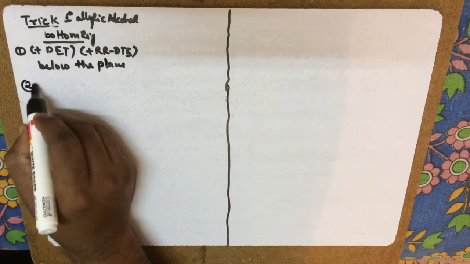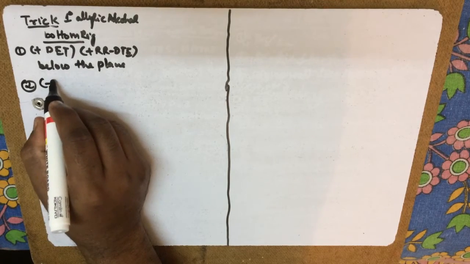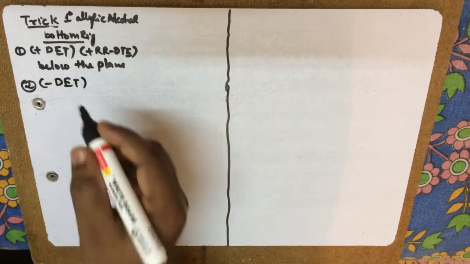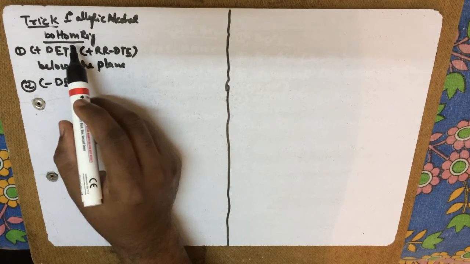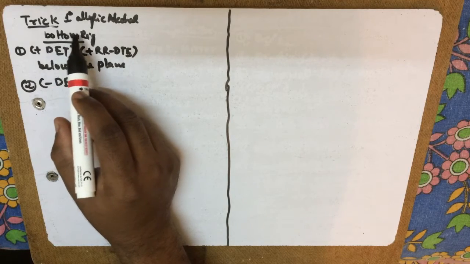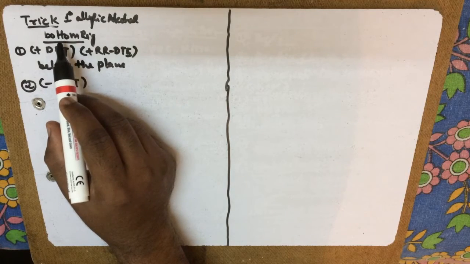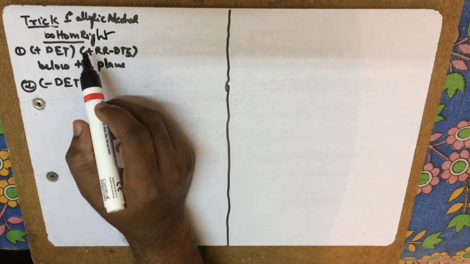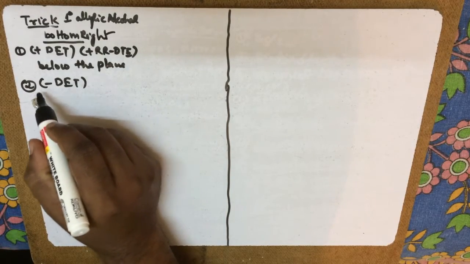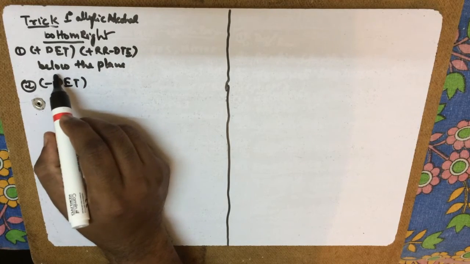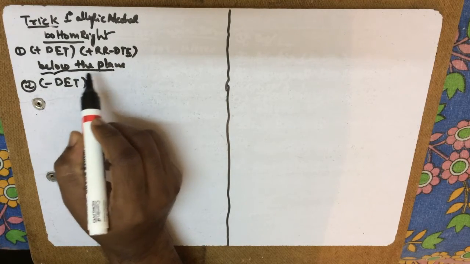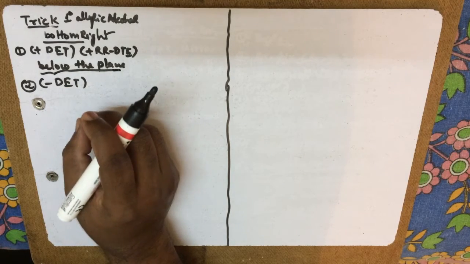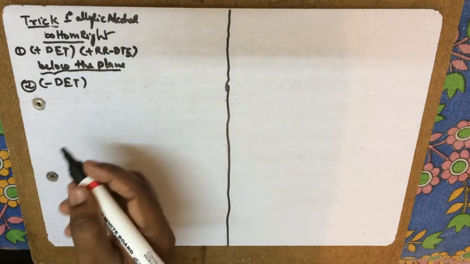If you have minus DET, I am still talking about the case where your primary allylic alcohol is at the bottom right and undergoes this condition, then your product will have the epoxide below the plane in stereochemistry.